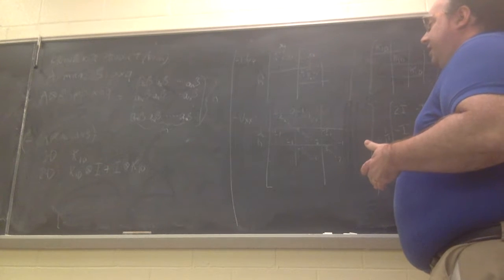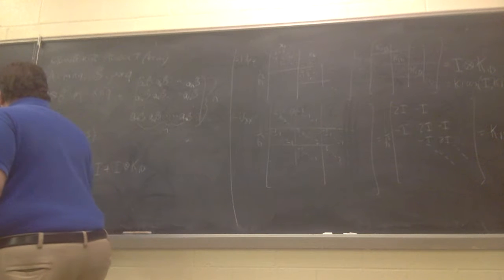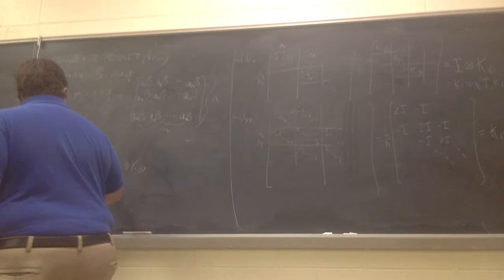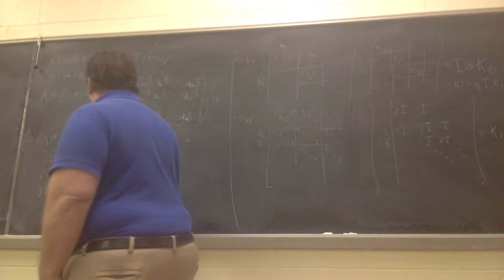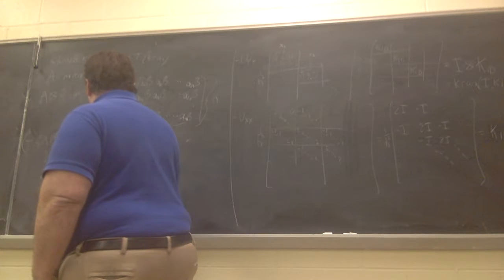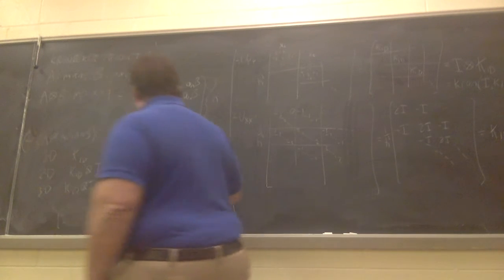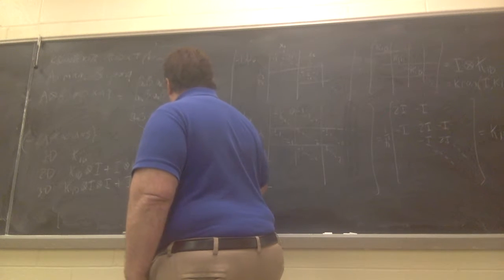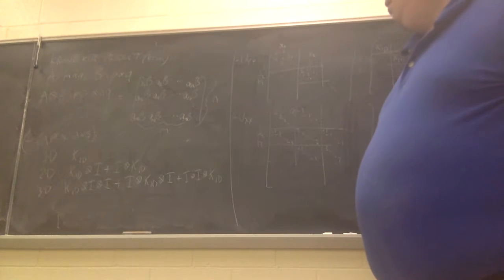And finally, in 3D, you have K1D Kronecker product I Kronecker product I, plus I Kronecker K1D Kronecker I, plus I Kronecker I Kronecker K1D. The K1D doesn't have anything to do with Kronecker; they just are both Ks.